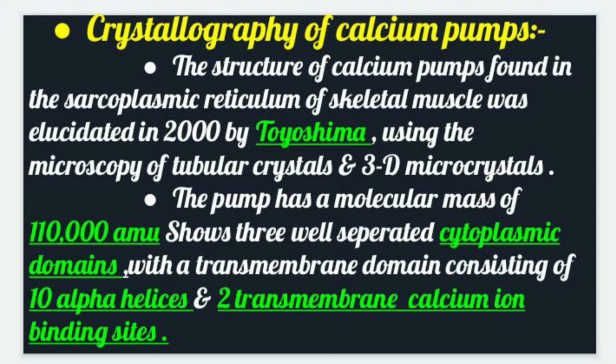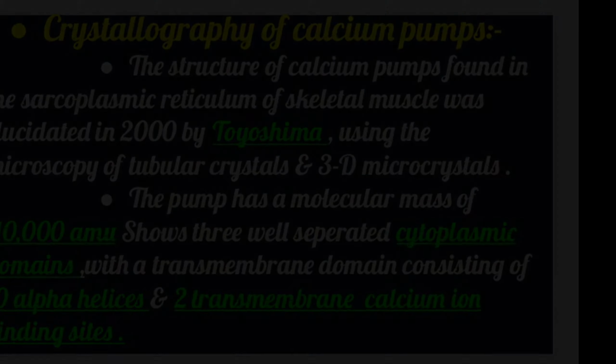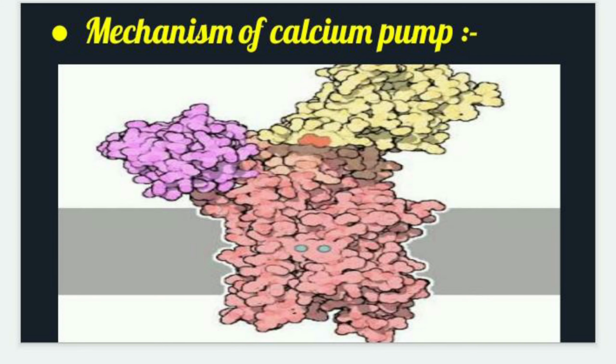The pump has a molecular mass of 110,000 atomic mass units and shows three well-separated cytoplasmic domains with a transmembrane domain consisting of 10 alpha helices and 2 transmembrane calcium ion binding sites. Now guys, finally we are going to see the mechanism of the calcium pump, and that is the destination of this video.